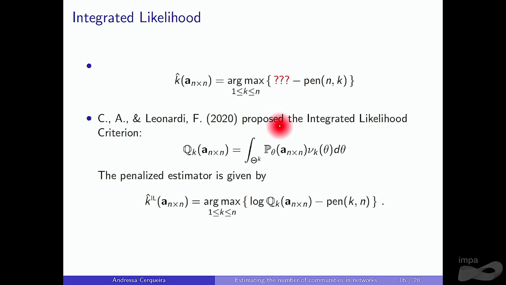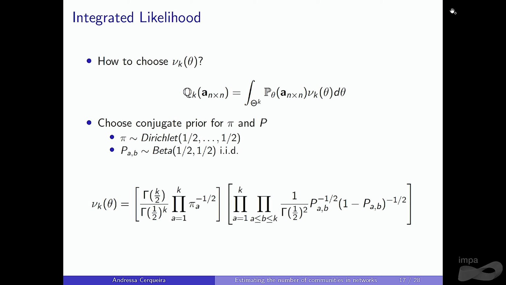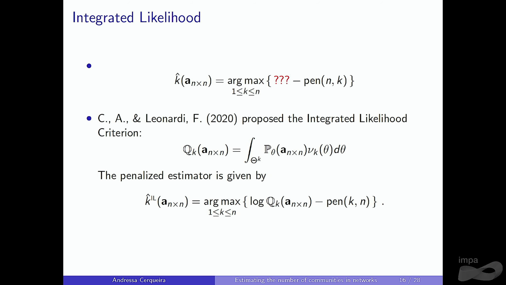So if I give here a distribution for the parameters, and I just integrate out the parameters, I have the marginal distribution of the network, right? I'm just integrating the joint distribution. So this is why we call it integrated likelihood. So we give a probability distribution for the parameters, and then we integrate out the parameters.